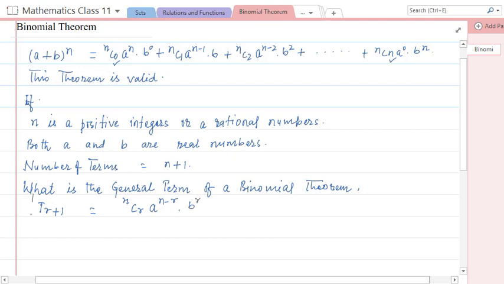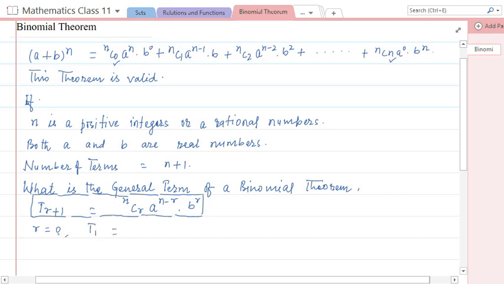So this is the general form of the general term of a binomial theorem. Let's verify for r equal to 0. When r equals 0, we get the first term.